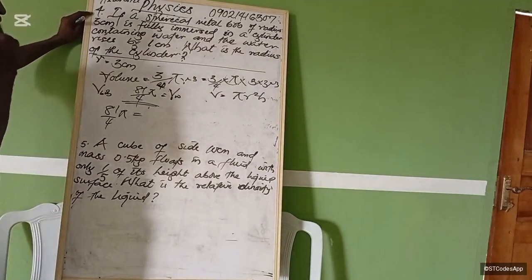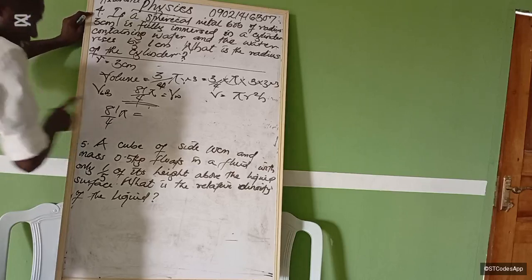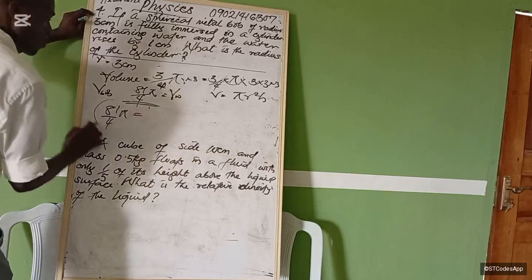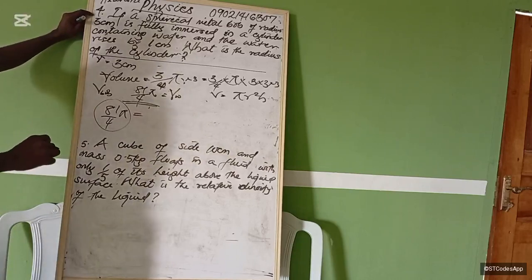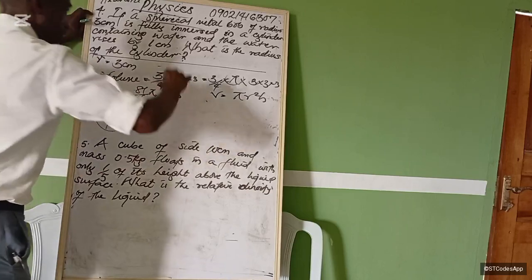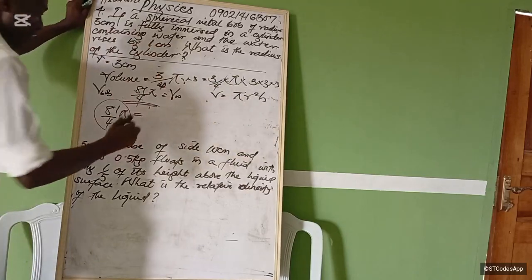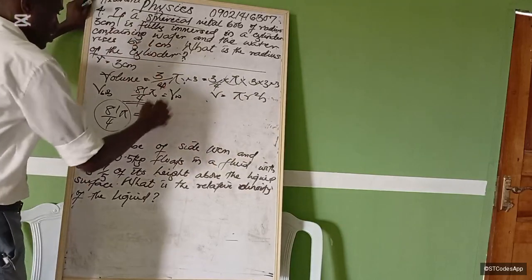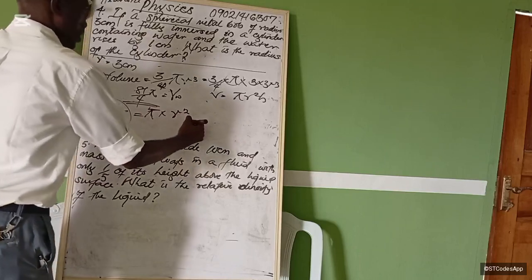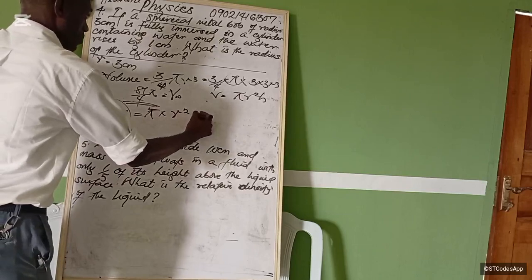So this value is equal to the volume of the bulb, which is the rise in volume of water there, which will be pi r squared h. So that will be pi times r, which we are looking for, squared, times h.